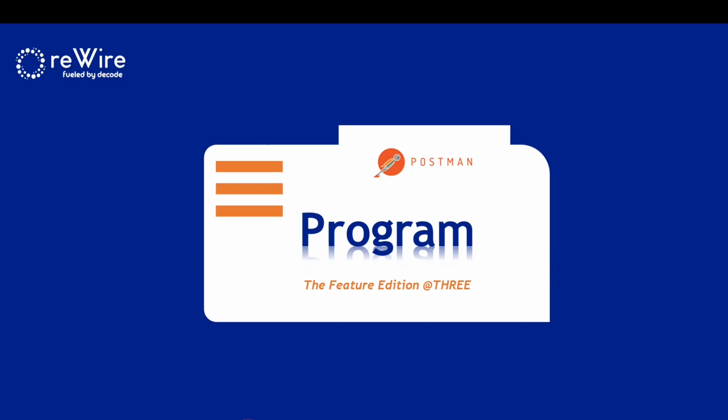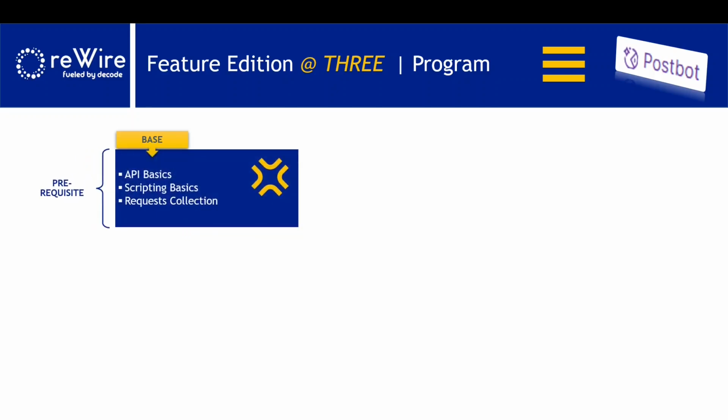Like other editions, I have designed a three component strategy, which is primarily focused on the basics, where the focus is on the prerequisites needed for scripts generation for any end user. It emphasizes having three components: one is API basics, second is scripting basics, and third is the request collection.